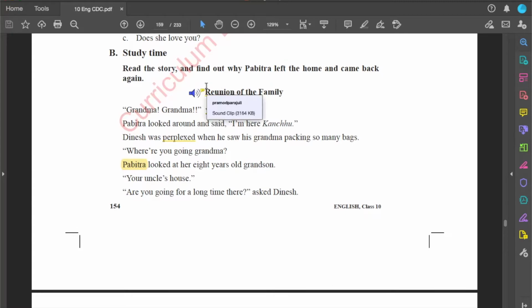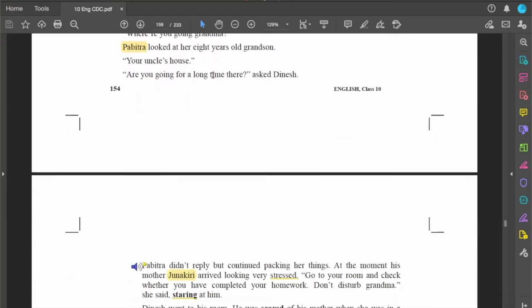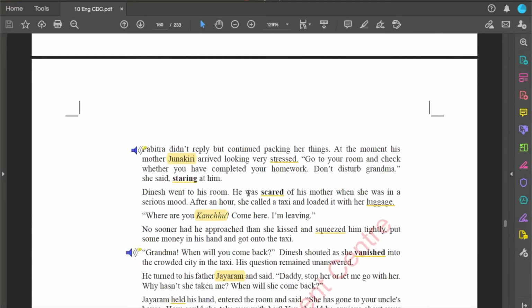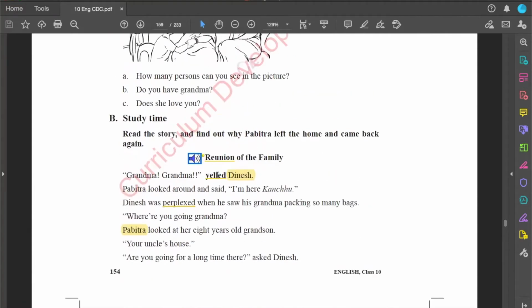Reunion of the family. "Grandma, grandma," yelled Dinesh. Look here, this word yelled is in bold letters. Not only this one, but also words like steering and scare, which are bold and bigger in size. These words should be paid attention to because related exercises are given below the text.